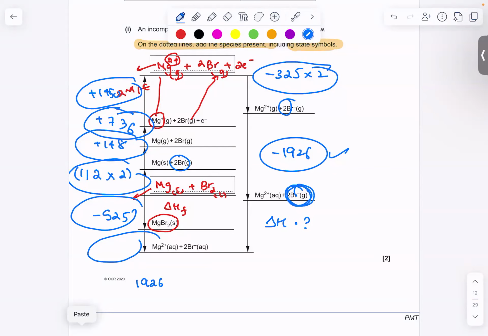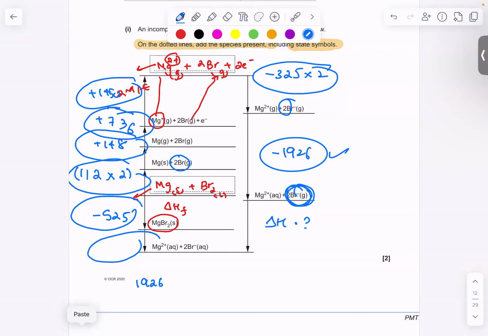Plus x is equal to minus 525 minus 186. So that would be equal to 525 plus 186. That is plus 711, and then 711 minus 18.